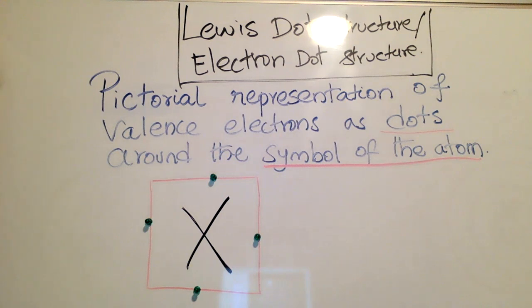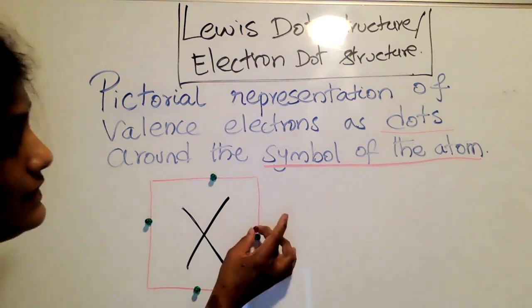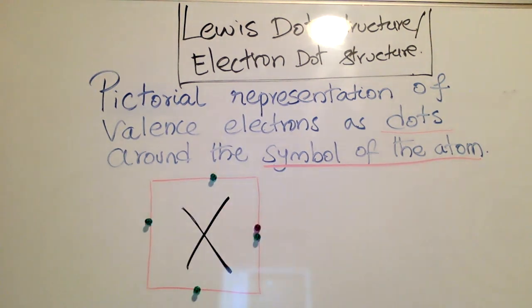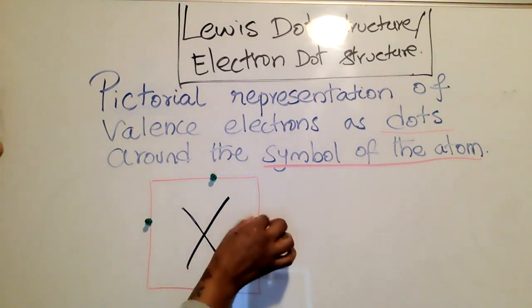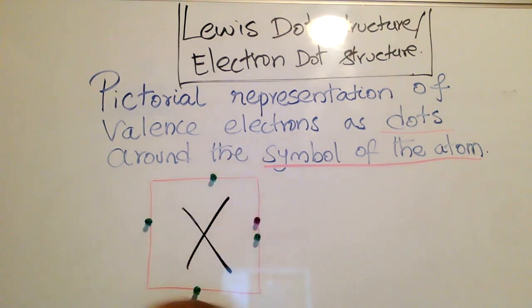Now, where should the fifth valence electron go? The square has only 4 sides, and now all 4 sides have been filled. The fifth valence electron will pair up with the first electron, on the east side, wherever you started with the first electron.